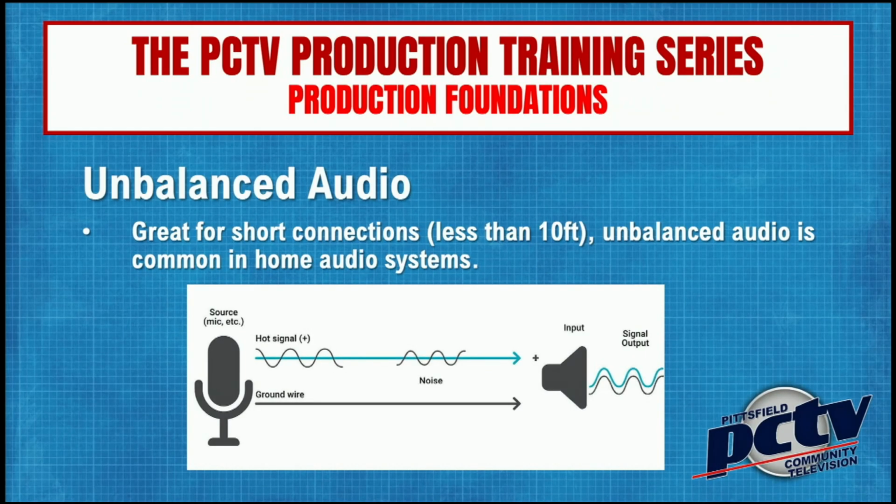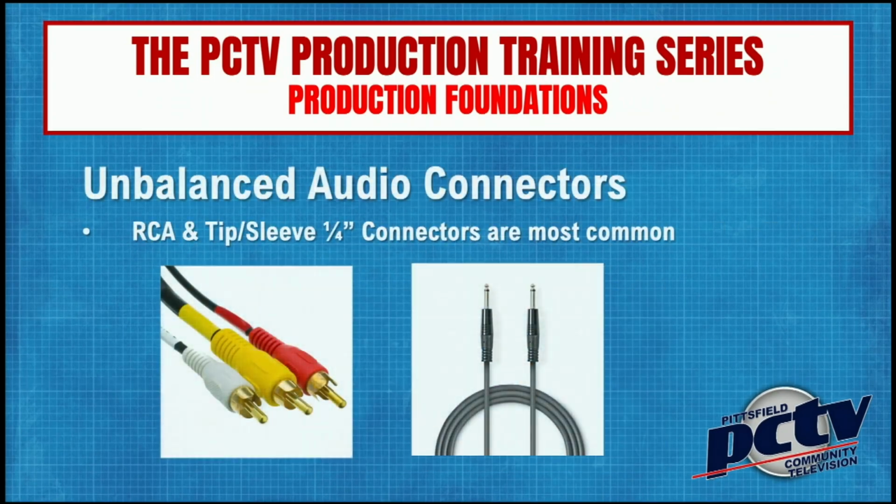These are super inexpensive to make. They're extremely common, but they tend to work best for under 10-foot lengths. Because of that, they're extremely common in home audio systems. They're probably cables that you have at home and are particularly familiar with without realizing that that's what they are and that's what they do.